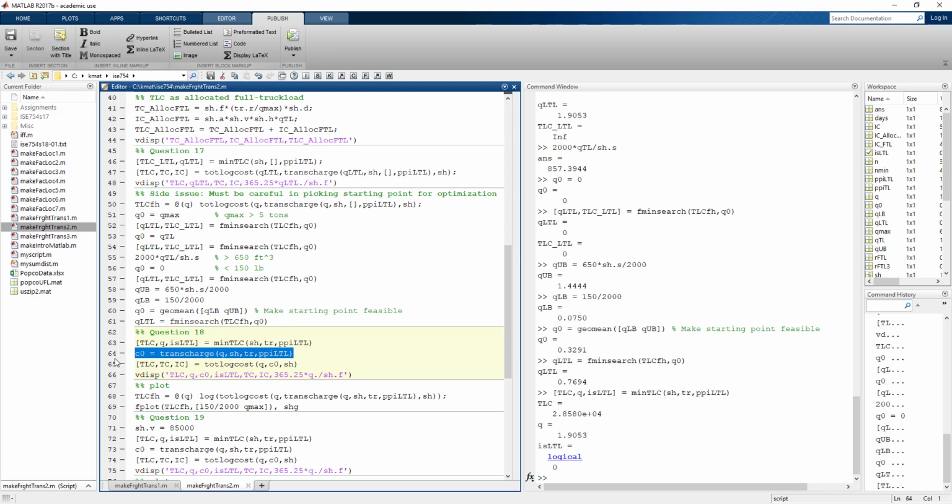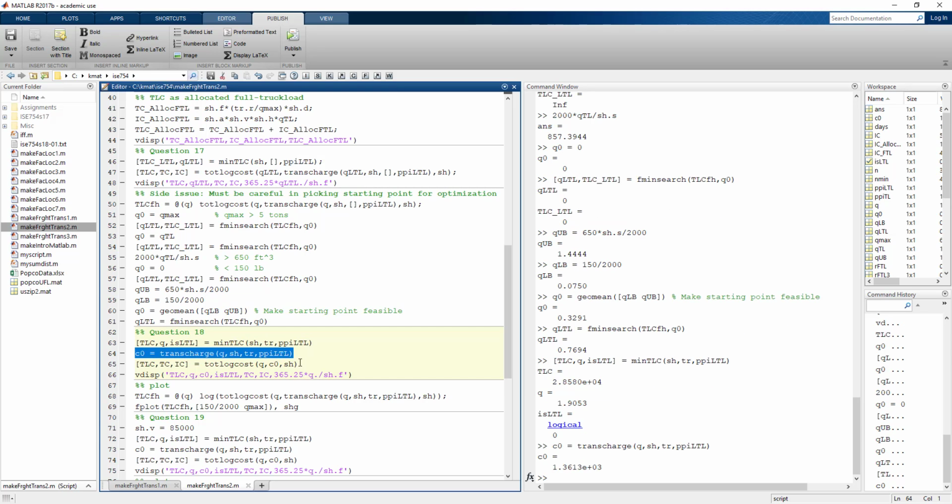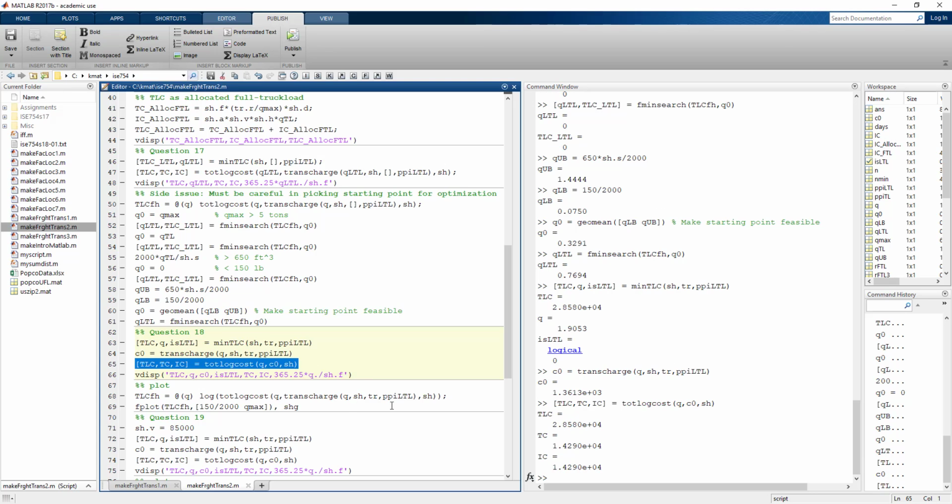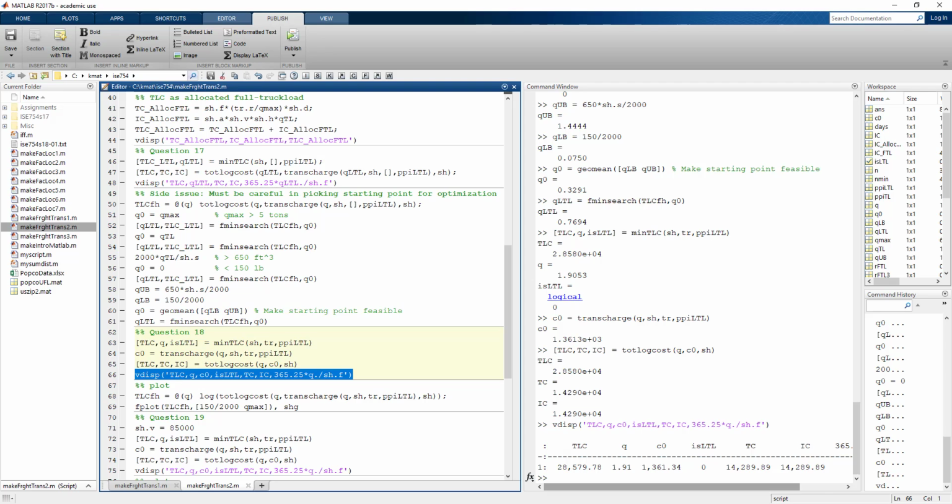The corresponding transportation charge for that shipment size is that, and then we can get the same TLC value that was returned by minTLC, the same 2858, and then we can use vDisplay to see these results.